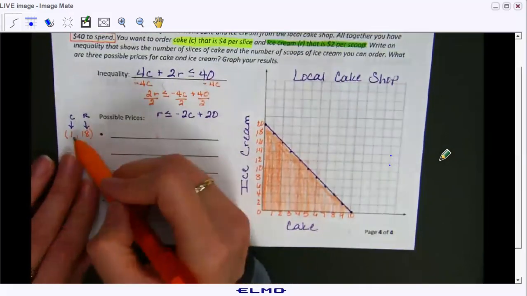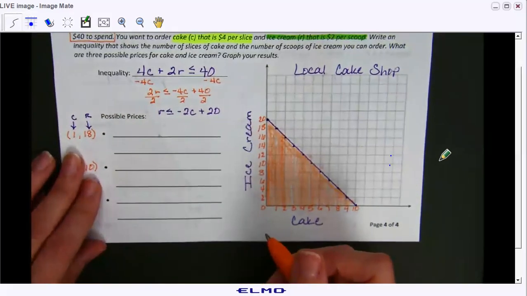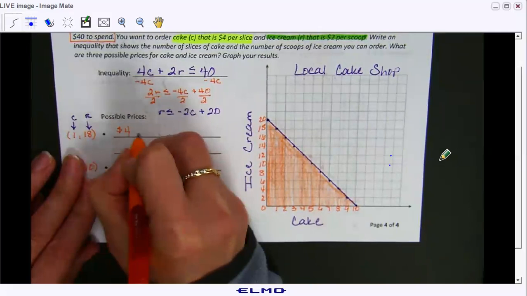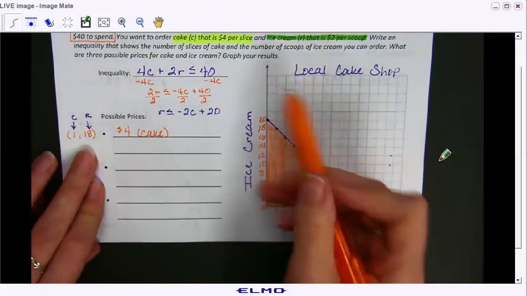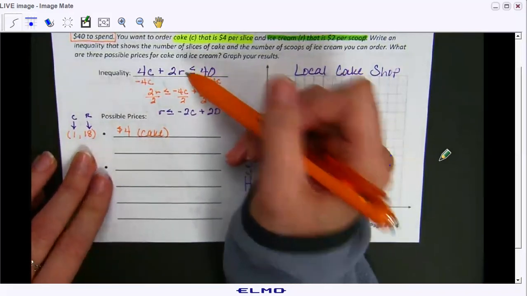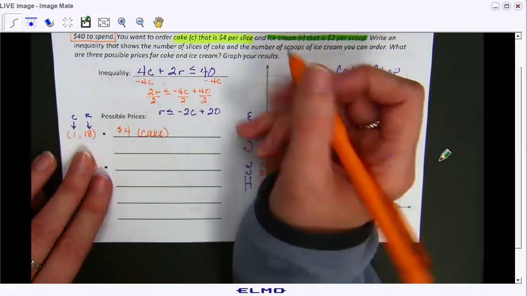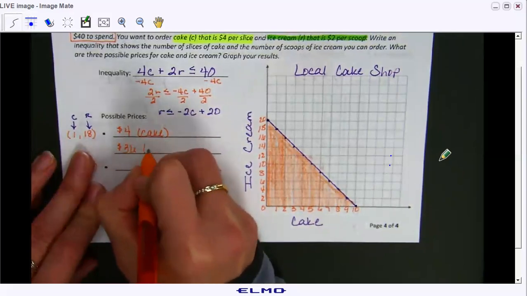If we bought one slice of cake, how much would we be spending on cake? $4. So $4 for cake. And if we bought 18 scoops of ice cream, how much would we be spending on ice cream? 18 times 2. $36 for ice cream.